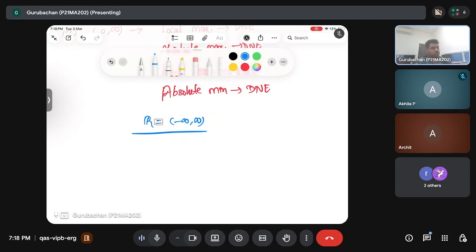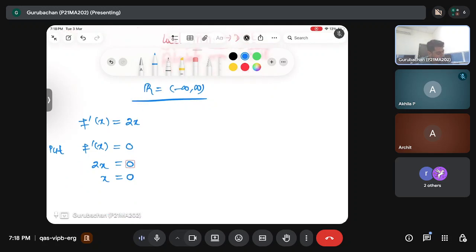So this is the graphical approach. How can one get it in a theoretical, mathematical manner? You need to differentiate, and it will give you 2x. What are the critical points? The critical points are those x where the derivative is 0 or where the derivative is not defined. So if you put f dash x equal to 0, it will be 2x equal to 0, so x equal to 0 is a critical point.